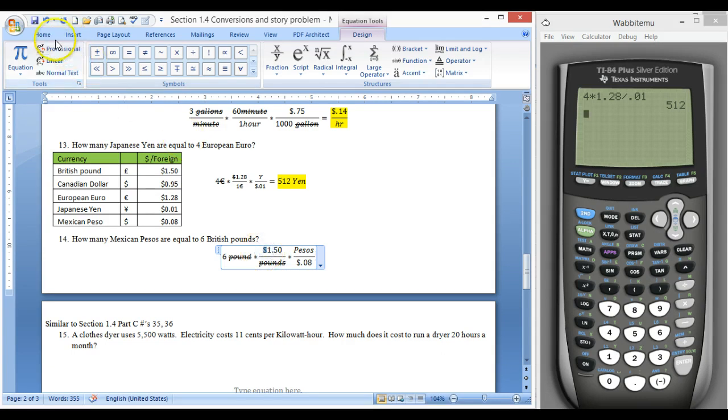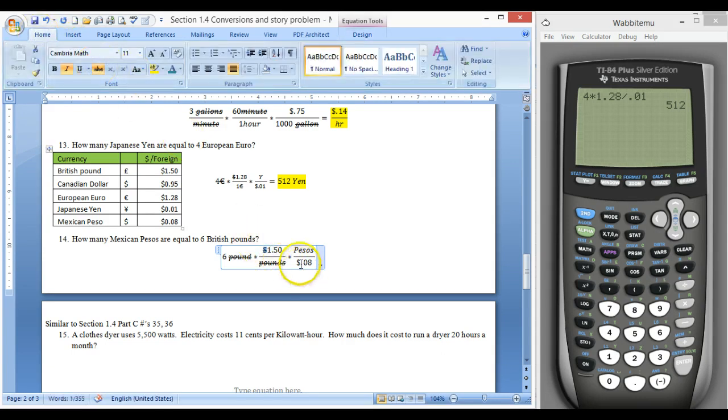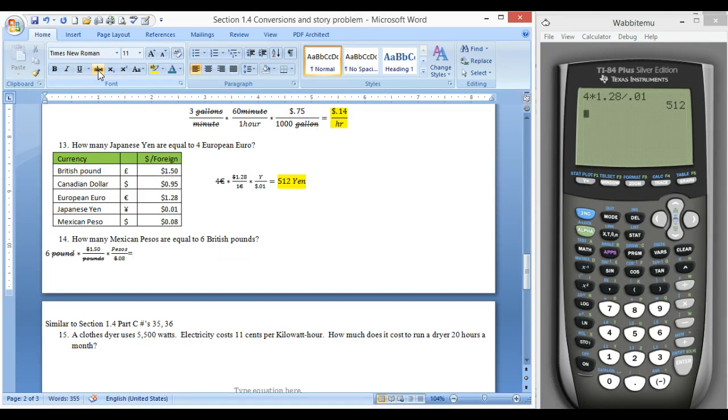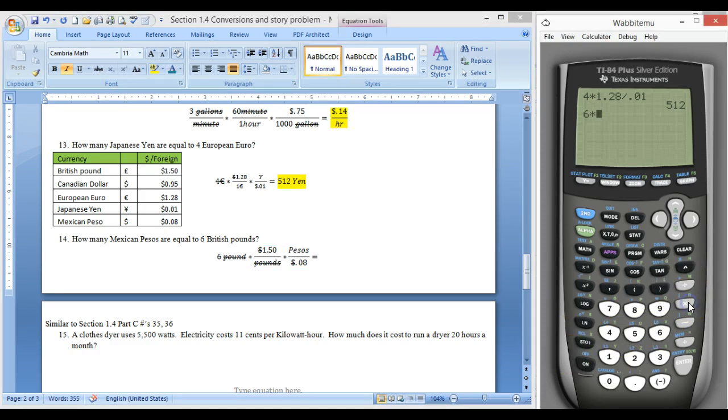So now my dollars can cancel, one on top and one on bottom. Cancel out the dollars, and all I'm left with is pesos. So equals 6 times 1.5 divided by 0.08, and that gives me 112.5 pesos.